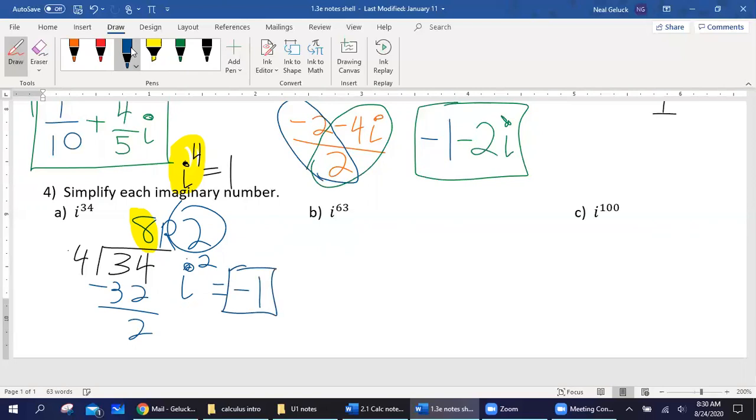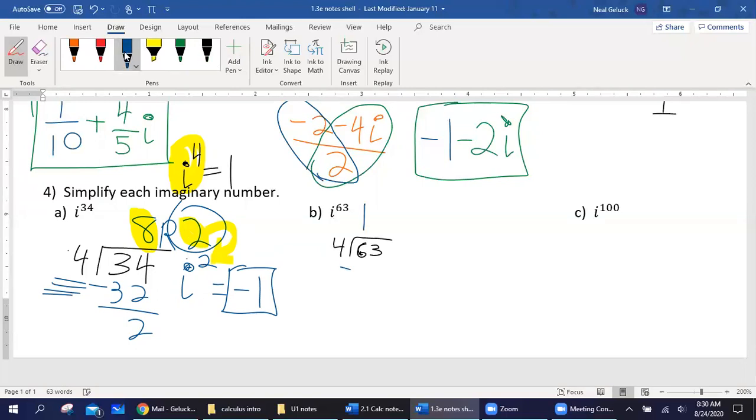So here's how we're going to do these problems. We're going to divide the power by 4. The remainder becomes the actual power. So let's do one more problem here. I'm going to divide 63 by 4. And again, we're going to go very old school in our dividing here.